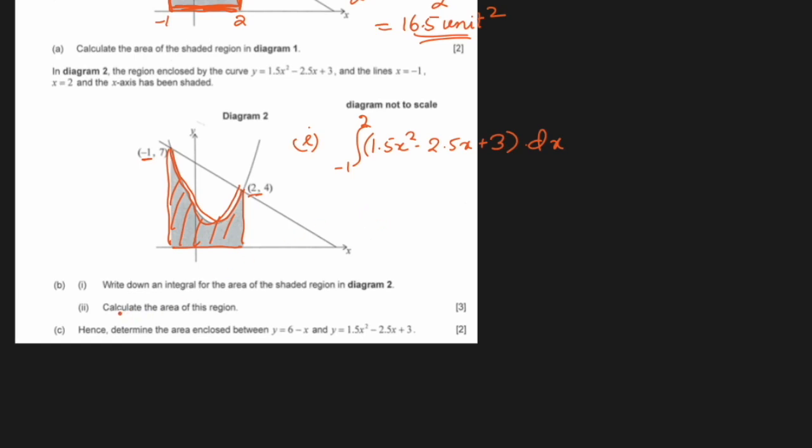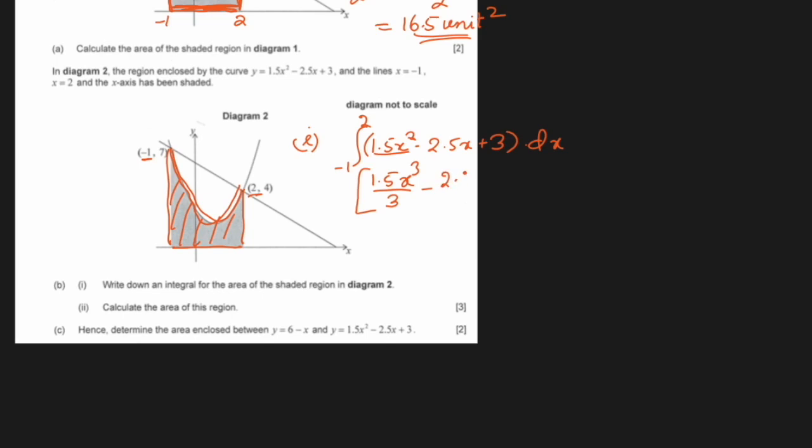Okay, second says calculate the area of the region. Basically they're asking us to solve this definite integral. So we'll have to integrate 1.5x squared first, so it will be 1.5, the exponent goes up by 1, so it will be 3, and divided by the same new exponent.